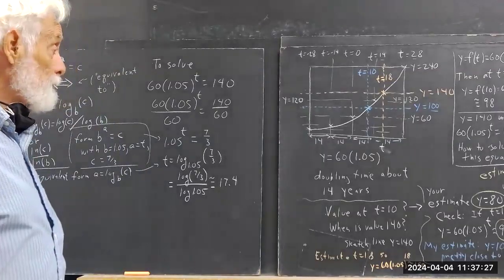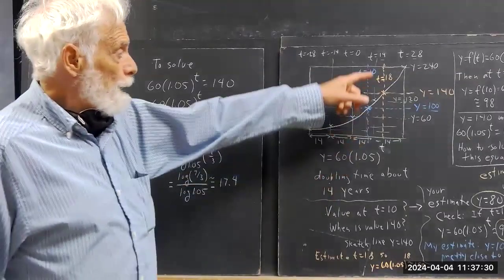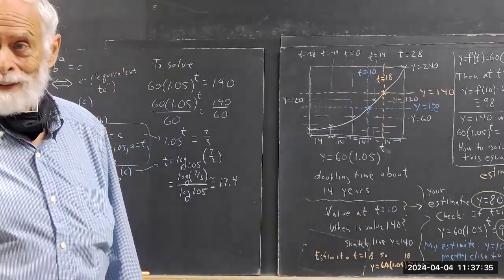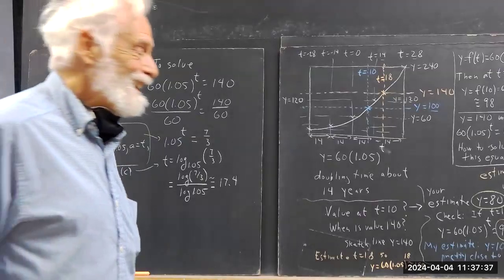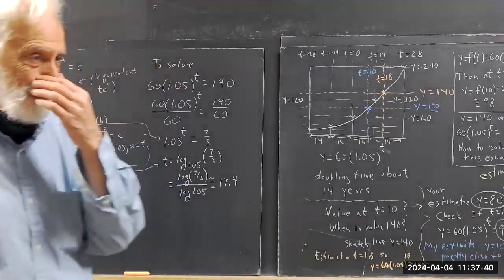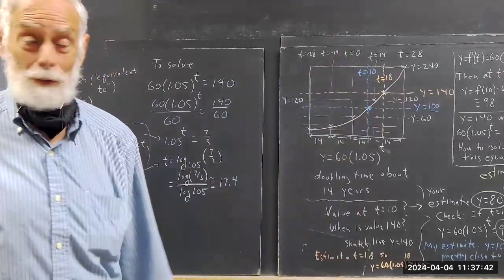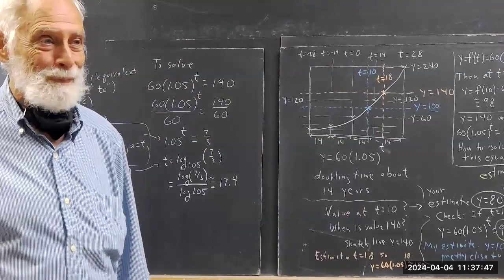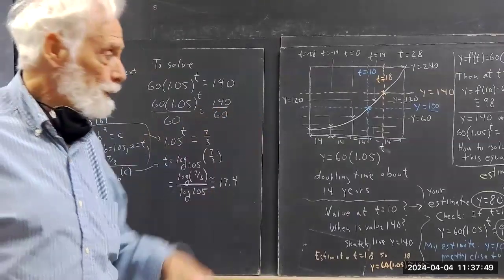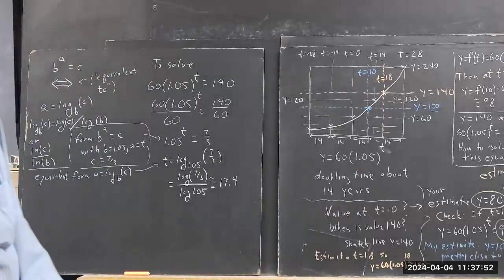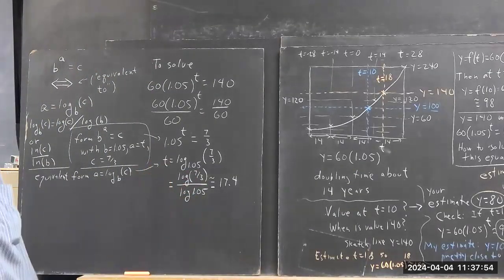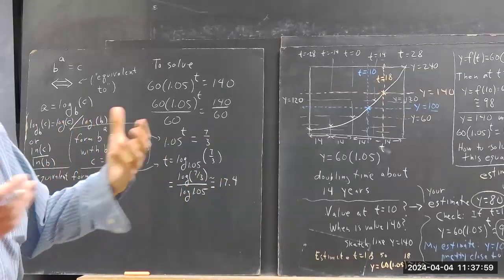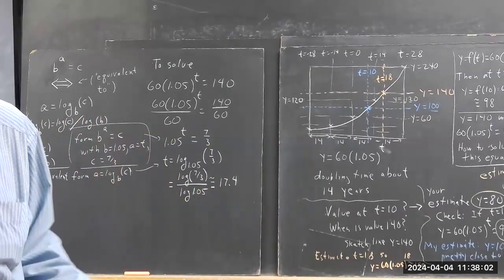Now you can fudge your estimates, and if you tell me the estimate here is t equals 17.36, I'm gonna say, ah, you're fudging. Okay, I know you're fudging. But at least you know where it is and you got it in about the right place. So I'm gonna take a point off because I know you're fudging. But that's just mainly to hassle you a little bit because I know you know what you're doing, okay? Now, don't fudge your estimates, make honest estimates so you can get used to the idea of uncertainties and errors. That's really important.